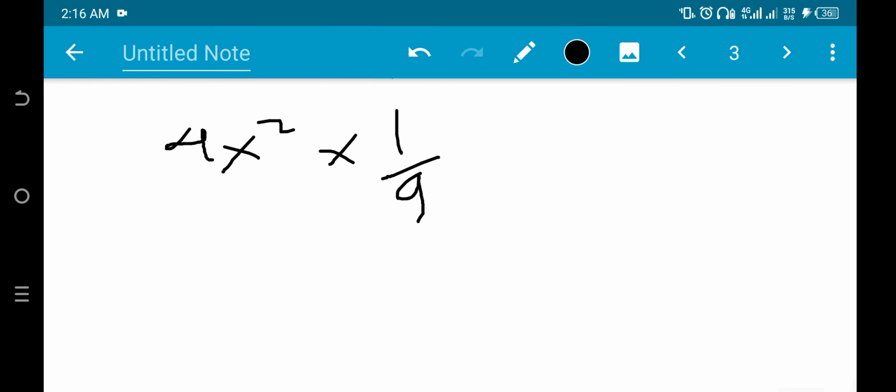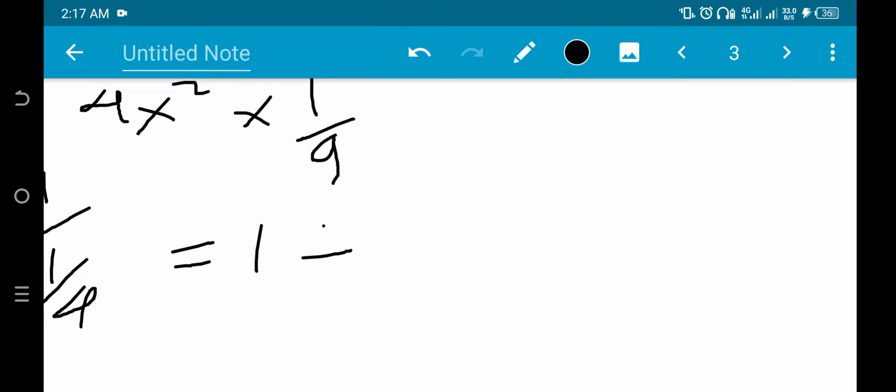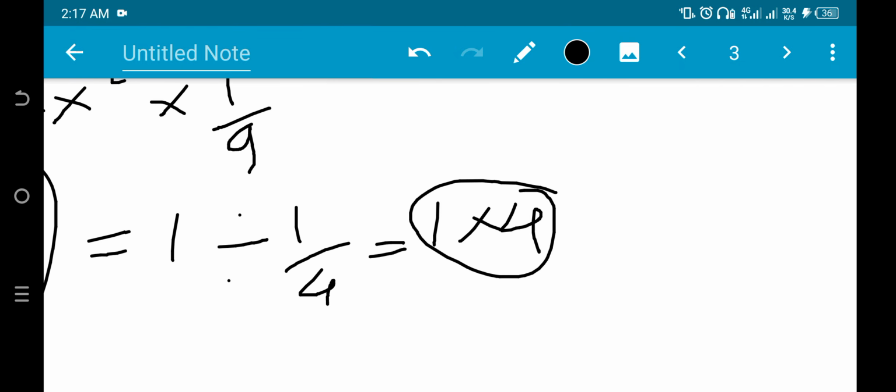So I can come and say that, how can I rewrite 4 so that it still becomes the same? You ask yourself this question. 1 over 4. This is just the same as 1 divided by 1 over 4, which will be 1 multiplied by 4. So this expression is the same as this expression, which takes 4 on top.